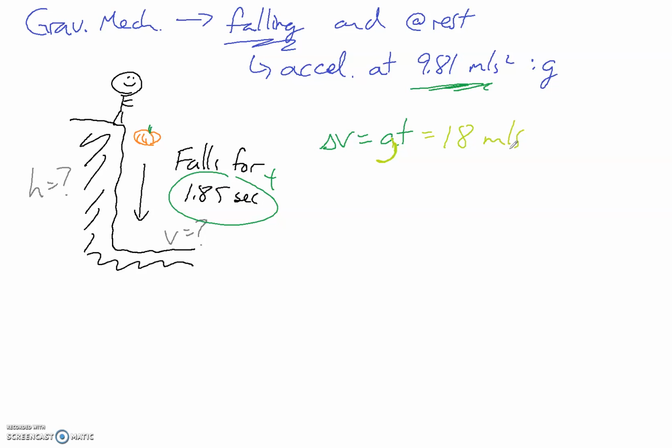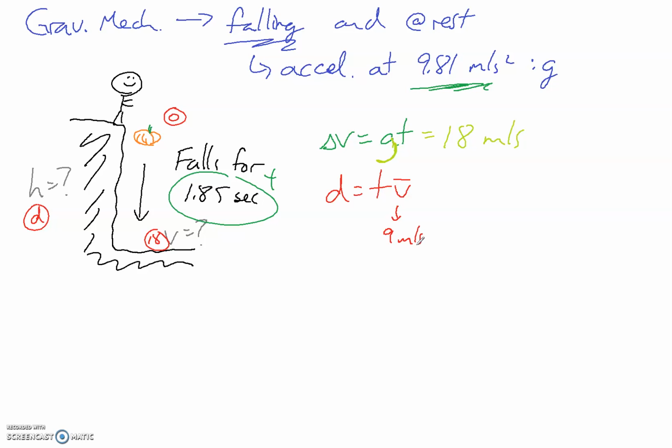Just that easy. Now, if I want to know the height, well, that's distance. That is how you guys have been calculating distance, and there's no difference here. Distance d = v_avg t. You have the time, that's the 1.85, except remember, you need average v for this. Well, you know it started at 0, and now you know it hit the ground at 18, so its average is obviously going to be 9 meters per second.